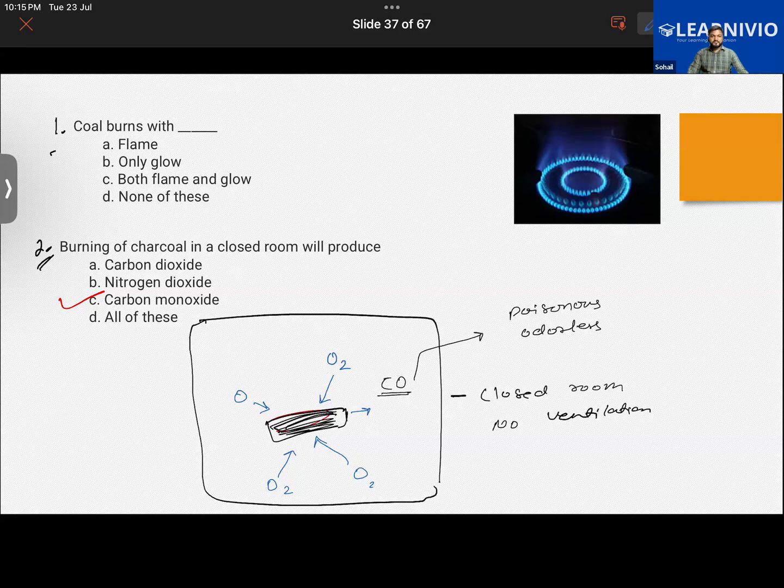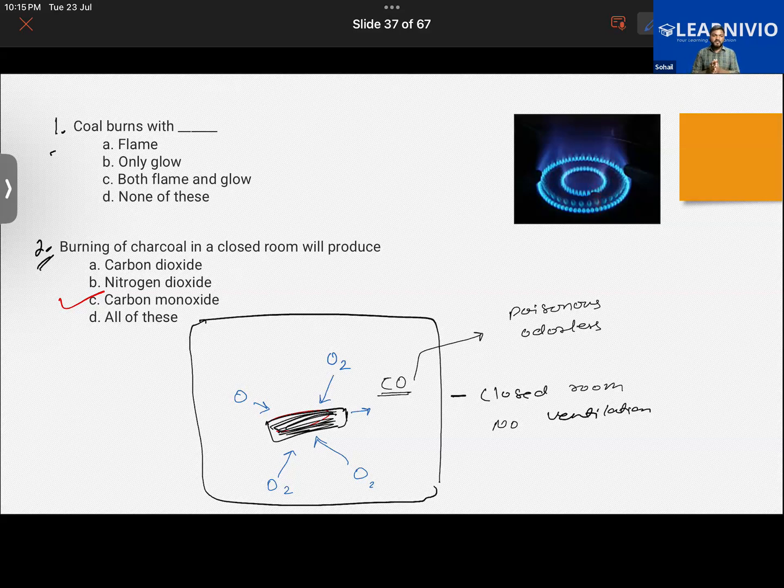Also, many times you observe that although this LPG is a clean fuel and gives a blue flame, if the burner is rusted or not proper, that too will give you a yellow flame.